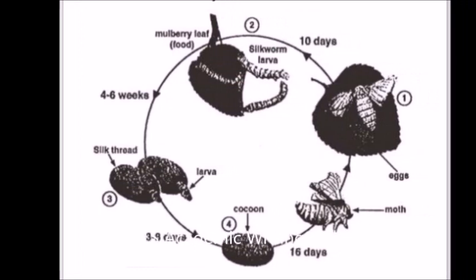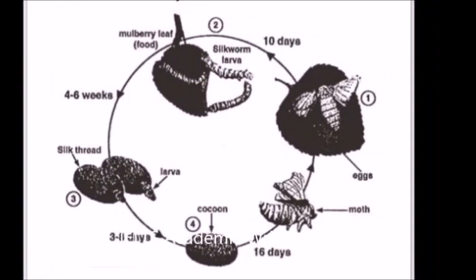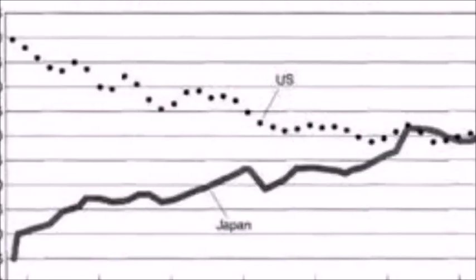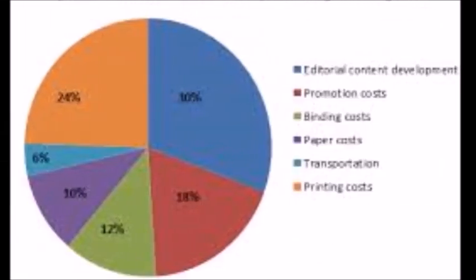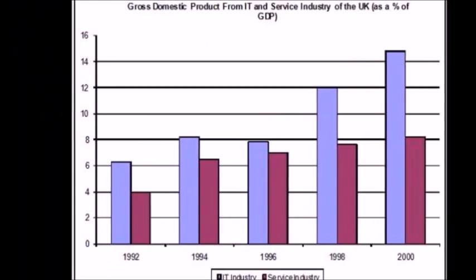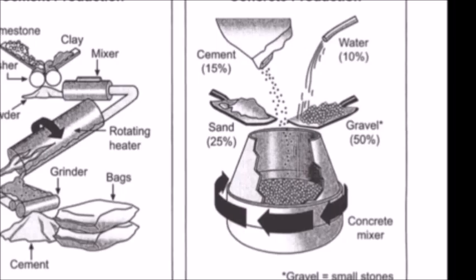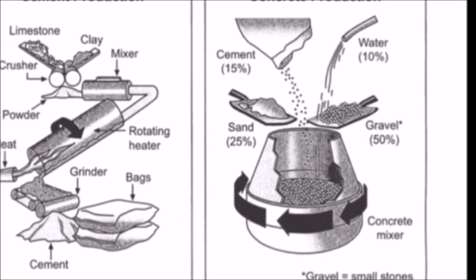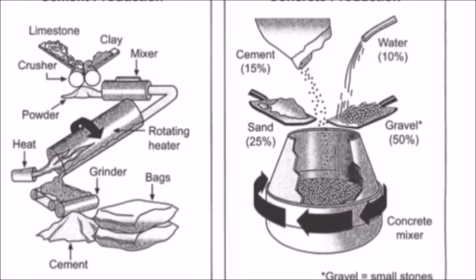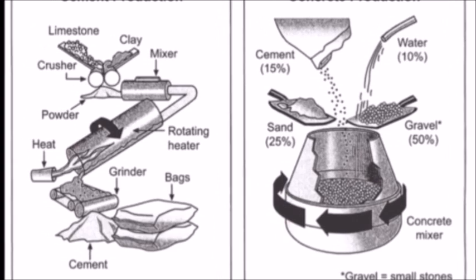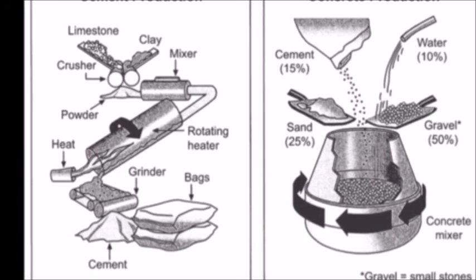You will be given a diagrammatic representation, a line graph, a pie chart, a bar diagram, a map or a process. From this, you have to make an essay of 150 words in 20 minutes time.